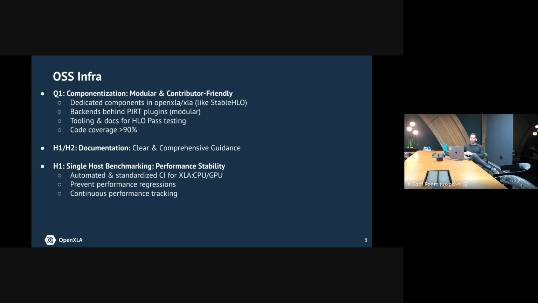This makes the code base cleaner and easier to navigate. This is really important for new contributors who want to get up to speed quickly. We're building tooling and documentation for testing and debugging HLO passes, and aiming for high code coverage, hopefully above 90% within these components. Componentization is about making OpenXLA more modular, maintainable, and contributor friendly for the long term.